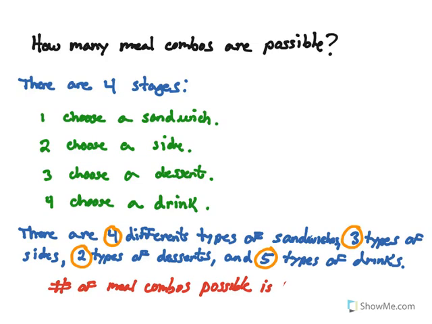We said there are 4 sandwiches, and we're going to multiply that by the number of sides, which is 3, and we're going to times that by the number of desserts, which is 2, and we're going to multiply that by the number of drinks, which would be 5. After you multiply all 4 numbers, you will get an answer of 120 combos. So you would have 120 combinations possible based on the menu that was given. And that is called the fundamental counting principle.